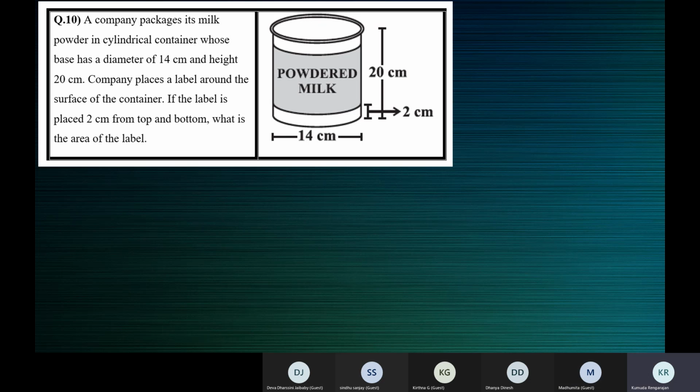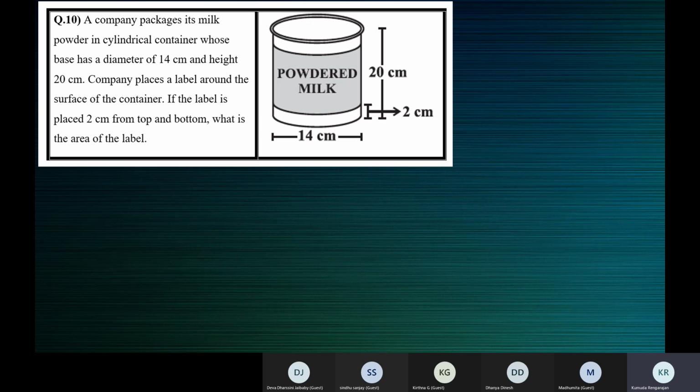Now, the label which you put on your notebooks and textbooks, when you put it on the textbook, it's rectangular. When you put it on your notebook also, it's rectangular or square, whatever.